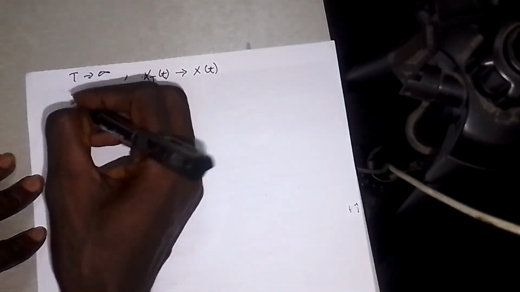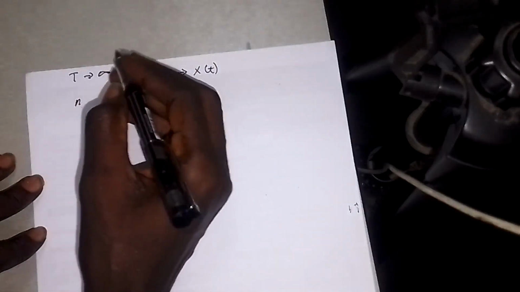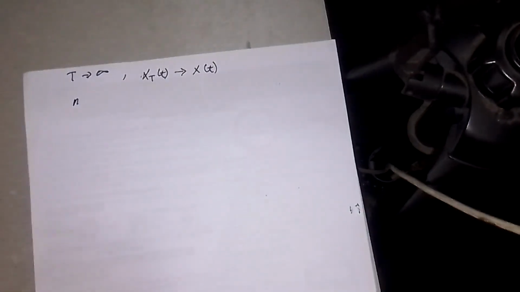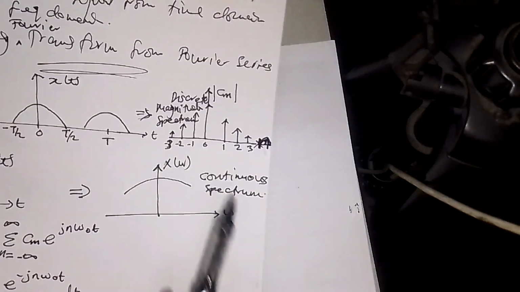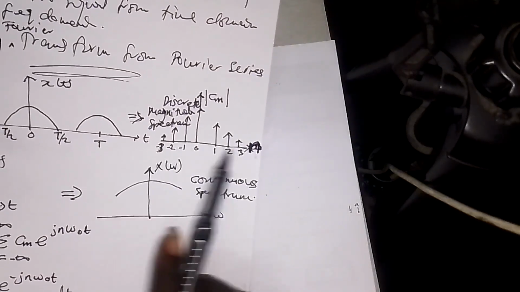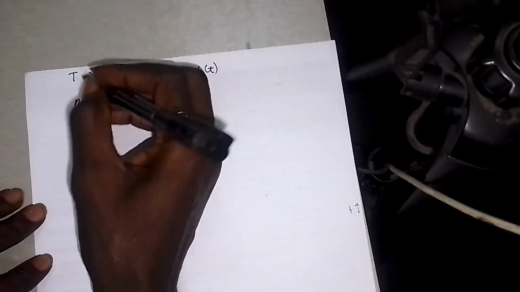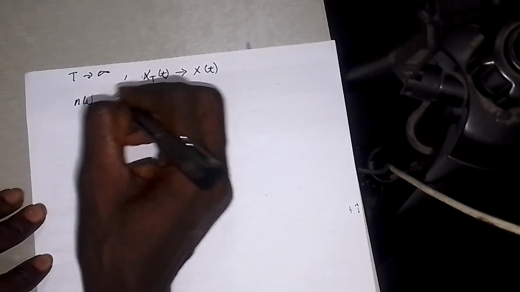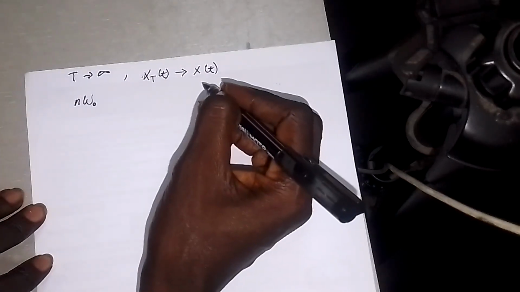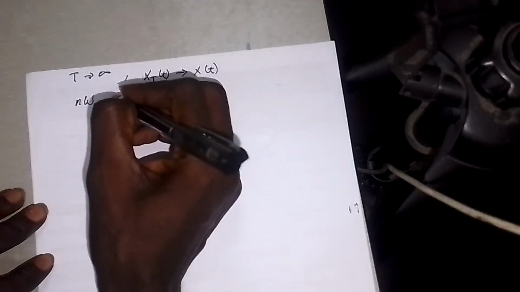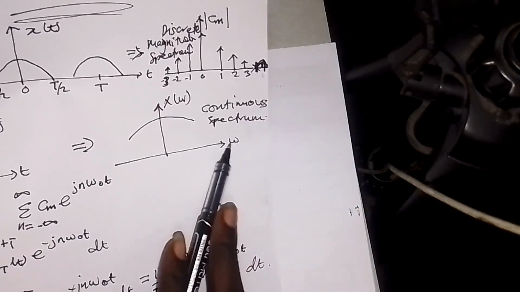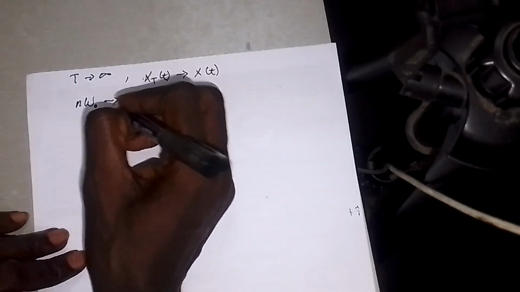In that case, the discrete distance n omega naught is being squeezed together. So if this is being squeezed together, then it is becoming omega.